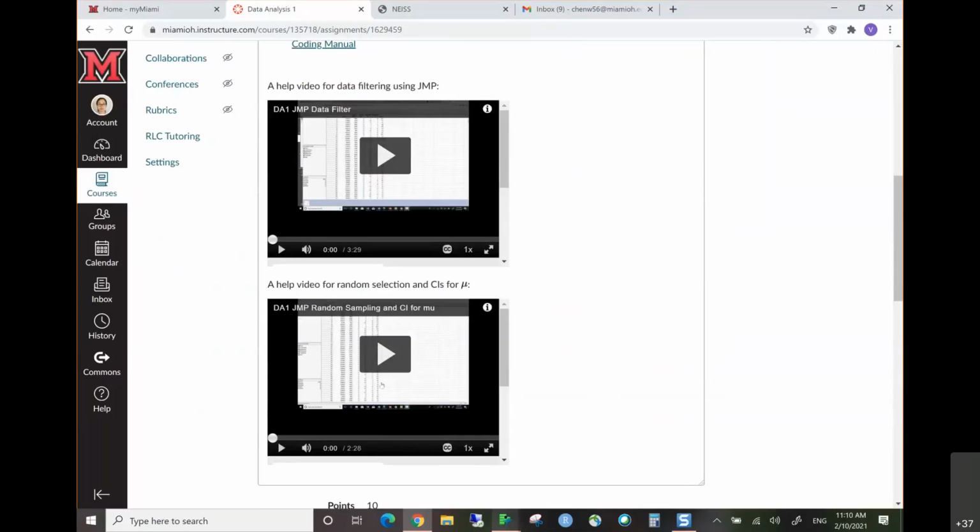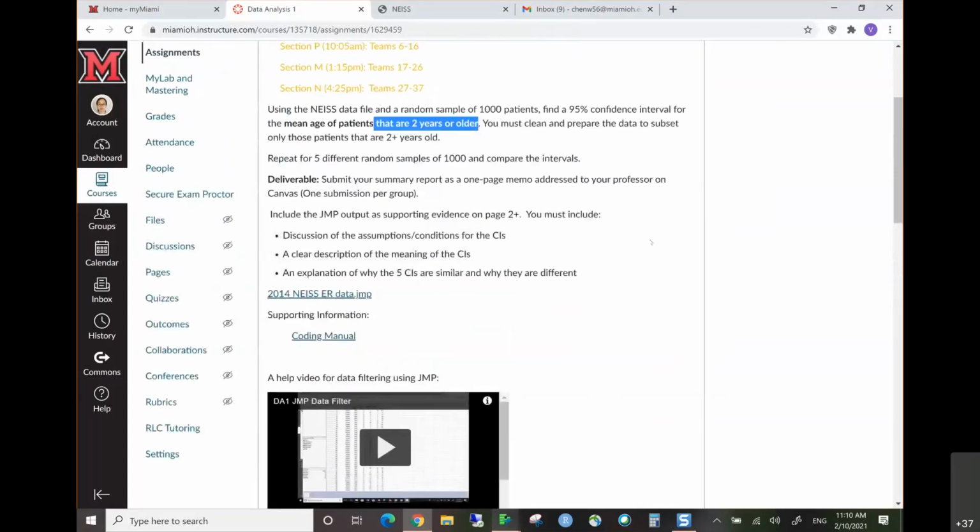I will use another example to show you how to randomly select the observations from the whole population and then how to get the confidence interval for the population mean by JMP. I think these 2 videos will be enough for you to do this data analysis. And in this data analysis, your job is to repeat this process 5 different times.